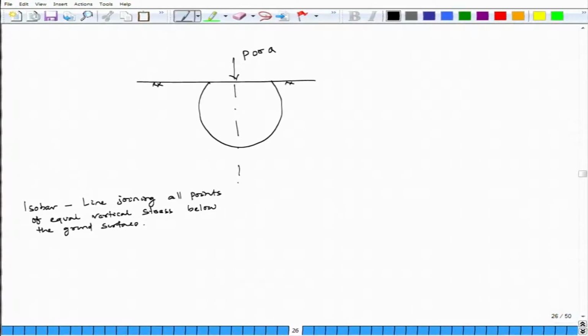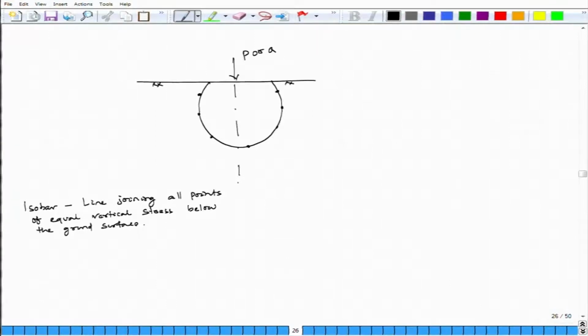What does it mean, isobar? It is called an isobar, and it is also called a pressure bulb. That means the points here, here, here, here, here, here, here, these are all equal vertical stresses below the ground surface.